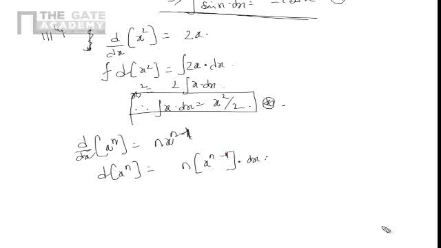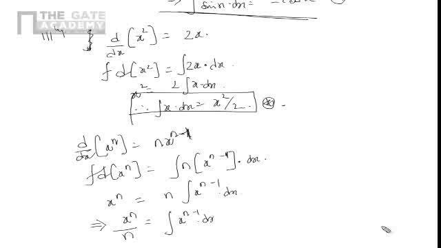If I integrate both sides, what will I get? I will get x power n is equal to n integral of x power n minus 1 dx, or I can write it as x power n by n is equal to integral of x power n minus 1 dx.